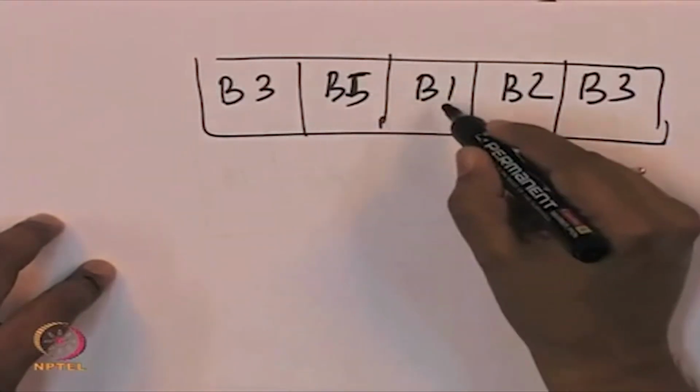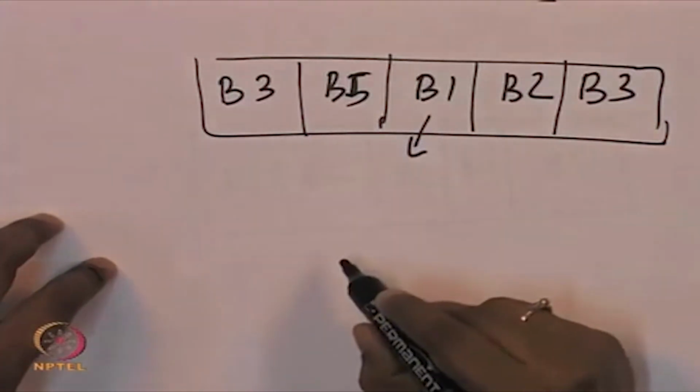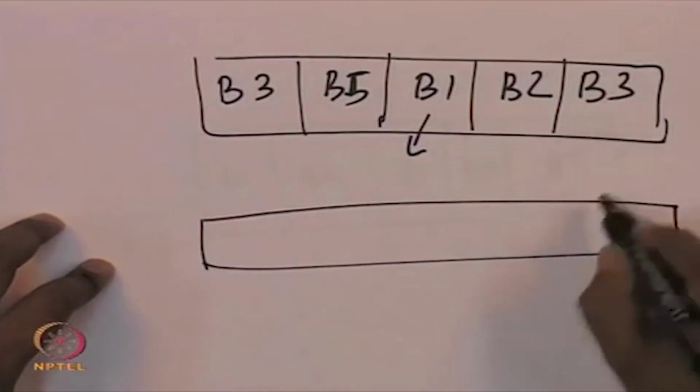Now, we take out some book, B1, to read, and the next day when we keep it back, we keep B1 at the end after B3.